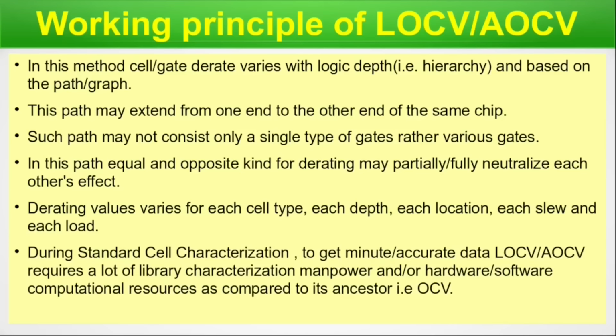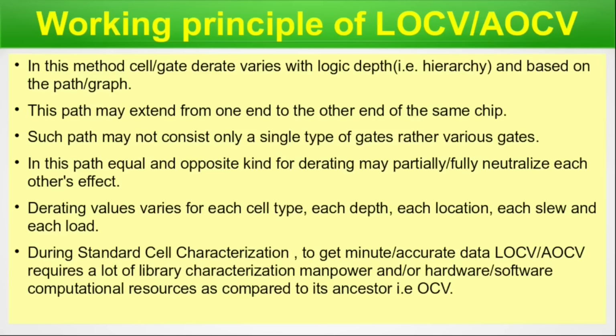To get minute or accurate data from standard cell characterization, AOCV or LOCV requires a lot of library characterization manpower and hardware or software computational resources as compared to its ancestor, OCV. Now this is a very important point, because to perform static timing analysis, we have a very much needed input, the timing.lib, which comes through the standard cell characterization.